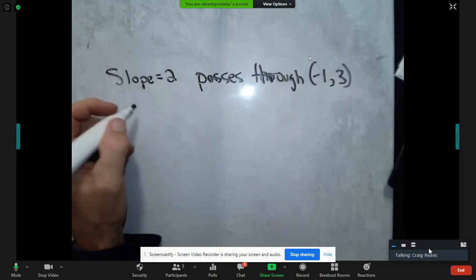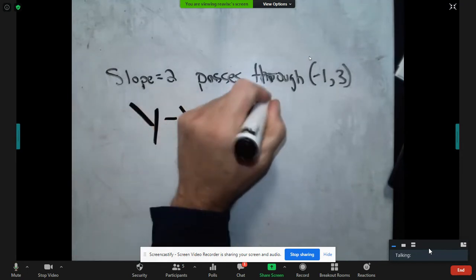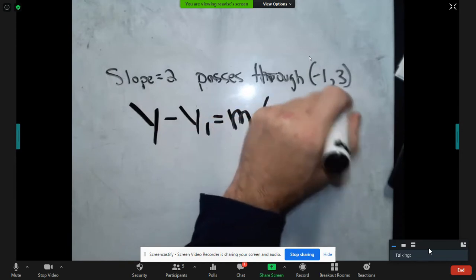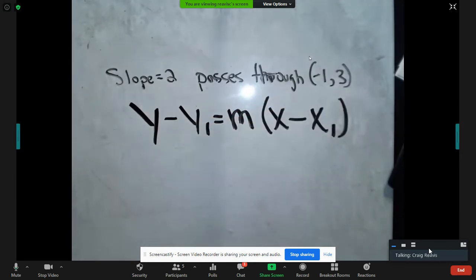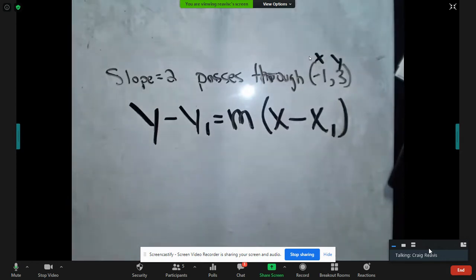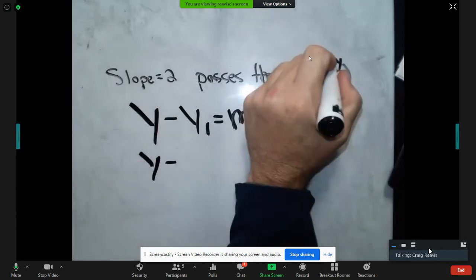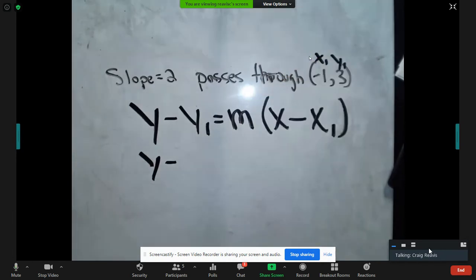We're going to use this equation, y minus y1. That's the point slope form. The first thing is they want to know the equation in point slope form. This is just a matter of plugging in: we've got the slope and we've got the point. Here's the x, here's the y, and this is really x1 and y1.